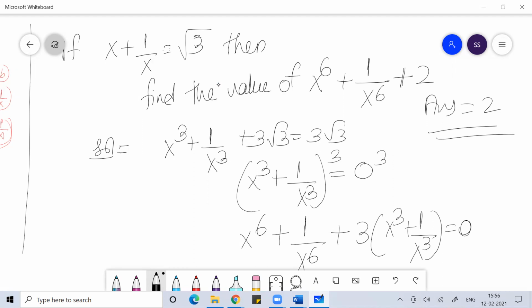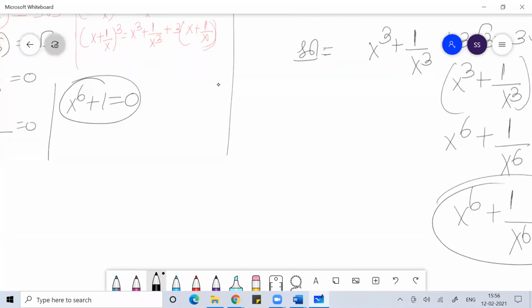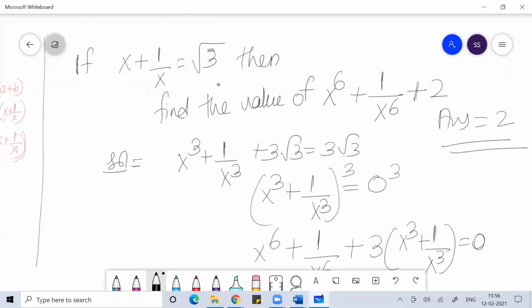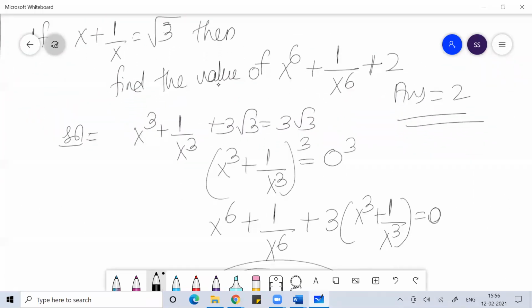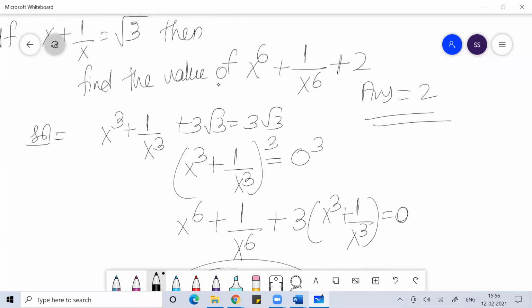Clear everyone? So here, if you analyze the scenario, applications of this question can come in the exam when you are trying to solve a question.